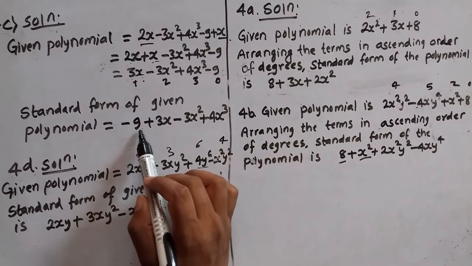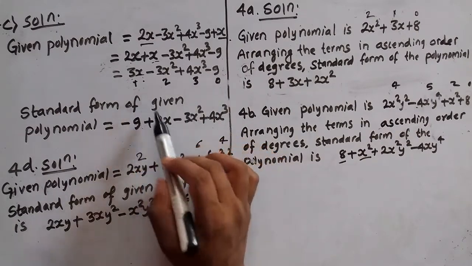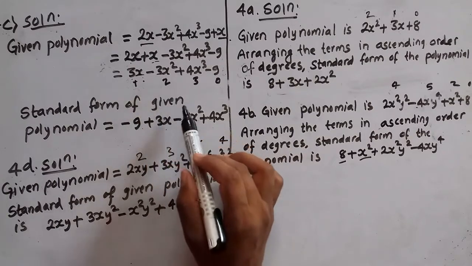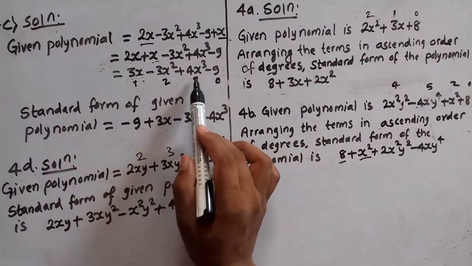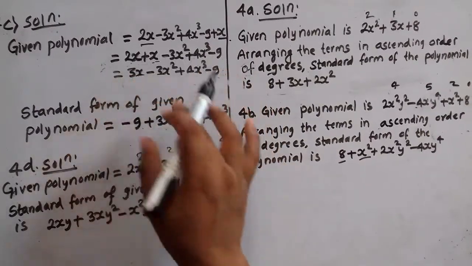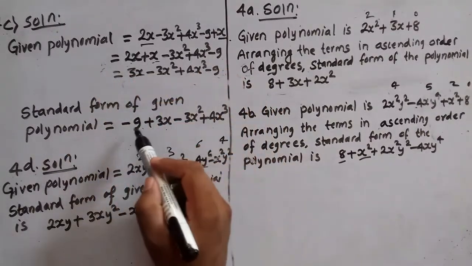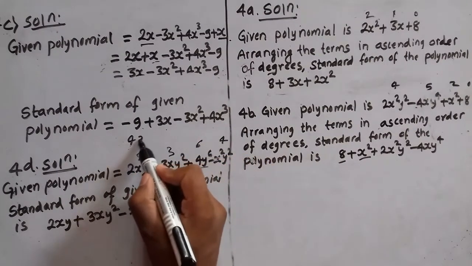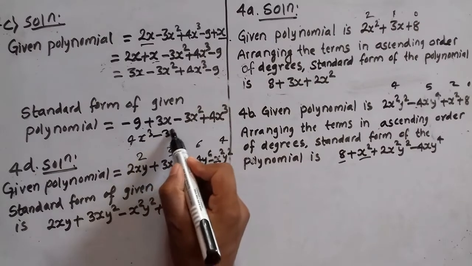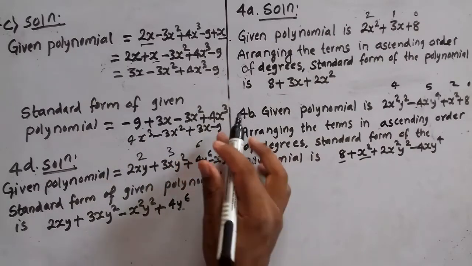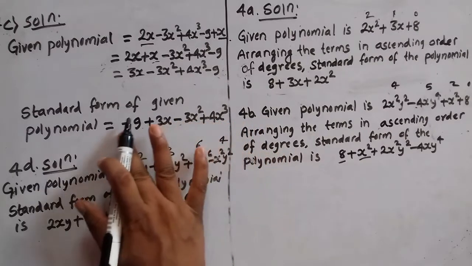At first minus 9 containing degree 0, then 3x containing degree 1, then minus 3x square containing degree 2, then 4x cube containing degree 3. So this is also standard form. If we write this in descending order, then we can write it like 4x cube minus 3x square plus 3x minus 9. Like this also we can write.